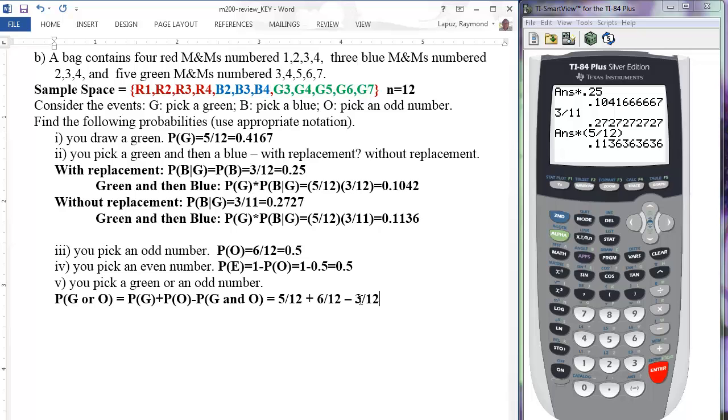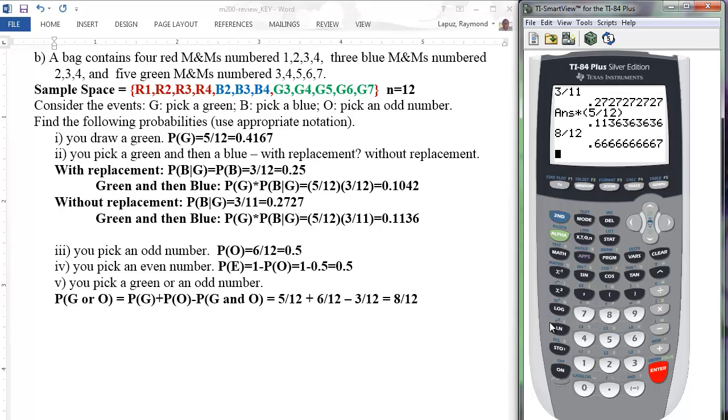And so this should be it. Since they all have the same denominator, 5 plus 6 is 11, minus 3 is 8, and 8 out of 12 looks like it's 66%, or 66.6667. So these are the probability questions.